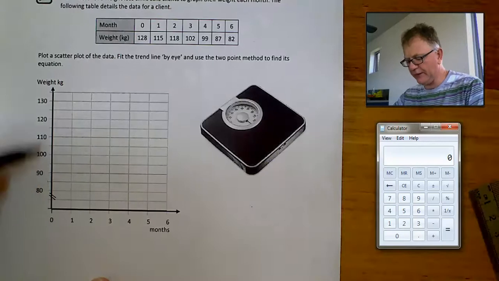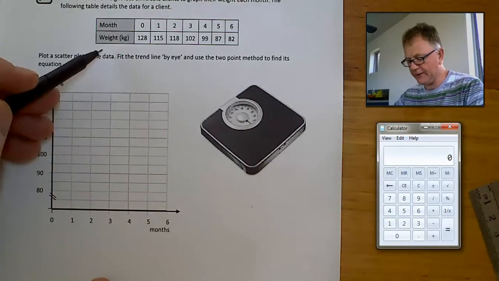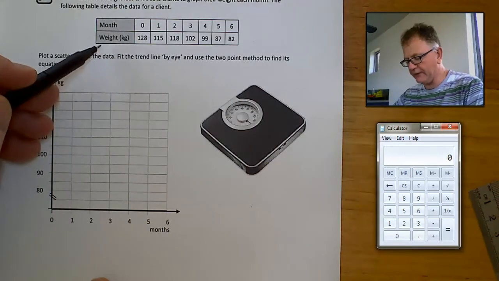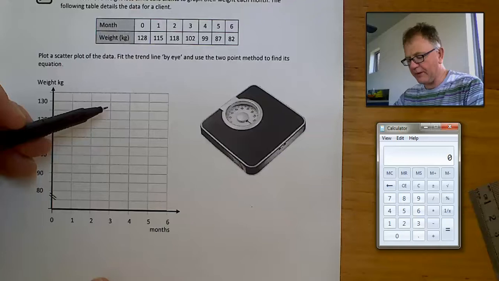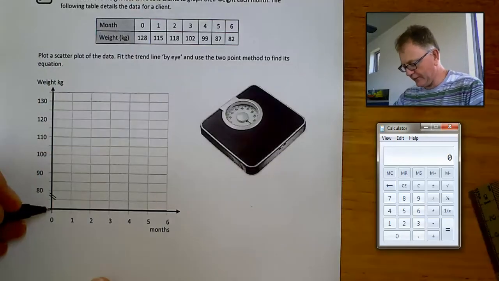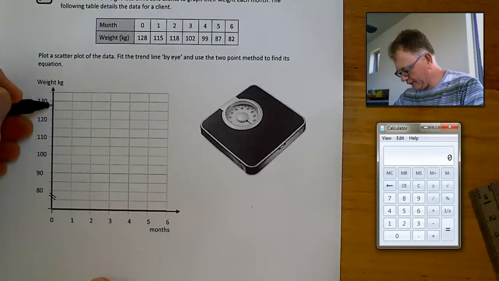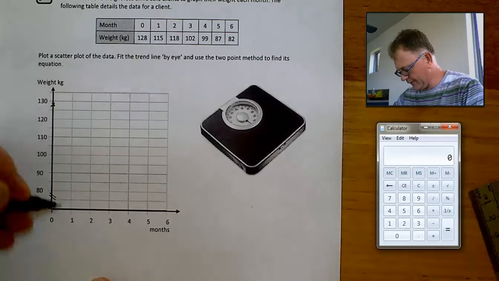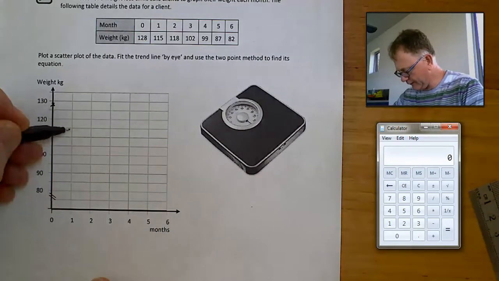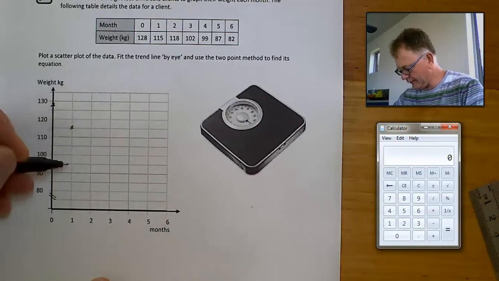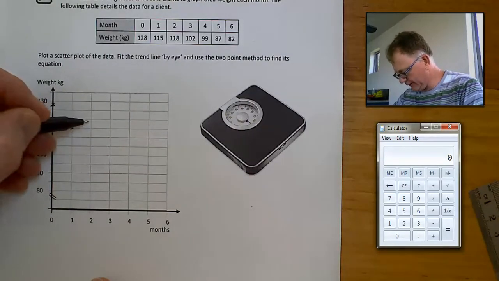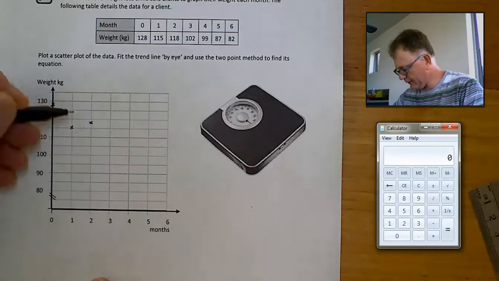We're looking at the weights of a patient at a weight loss clinic over a series of months. So after 0 months, the weight was 128. After 1 month, the weight was 115. After 2 months, 118. Went up a little bit.